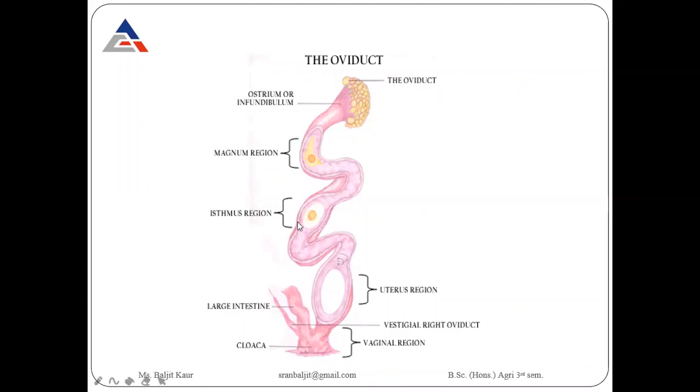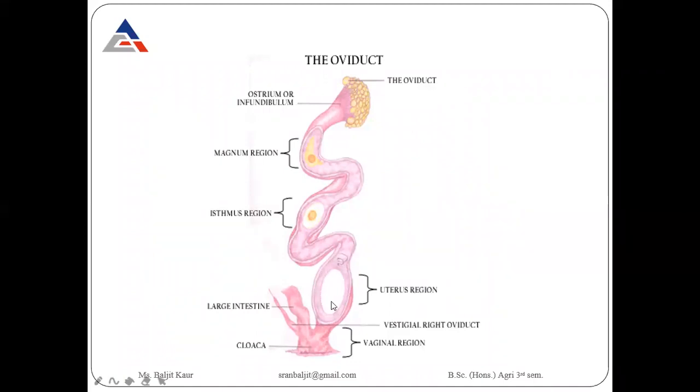In this isthmus region, thick outer layers are added on the egg yolk and the white portion of the egg. Now, from the isthmus, the egg yolk along with the white portion and the outer layer moves towards the uterus region.